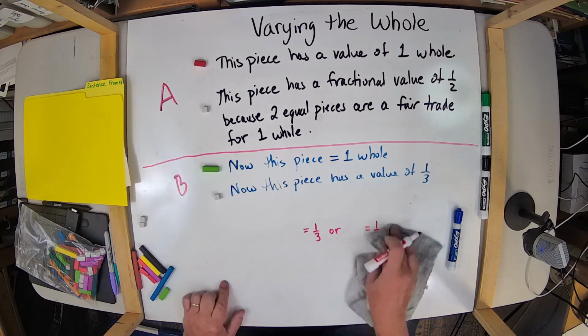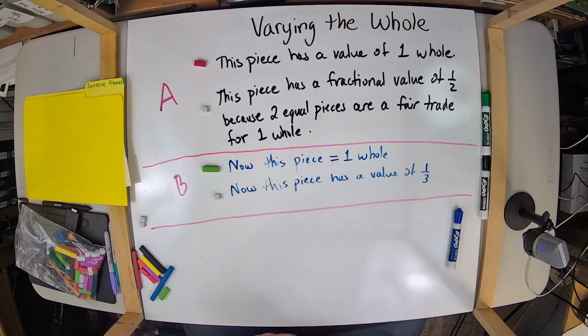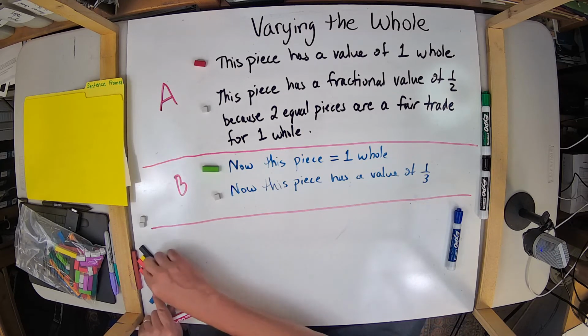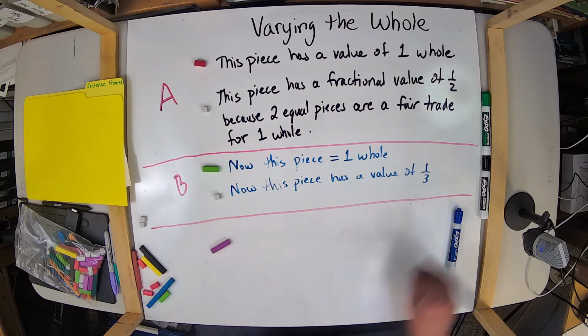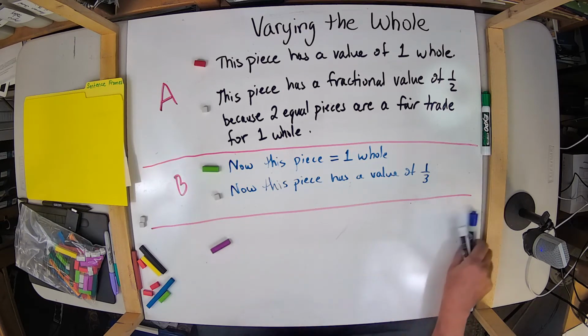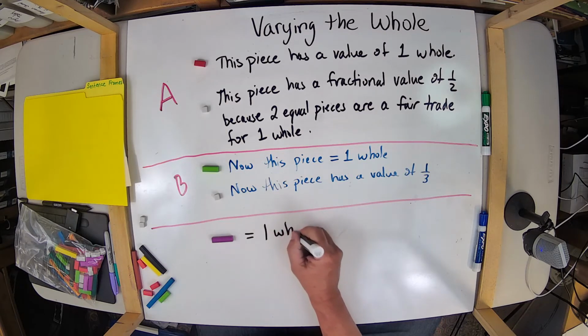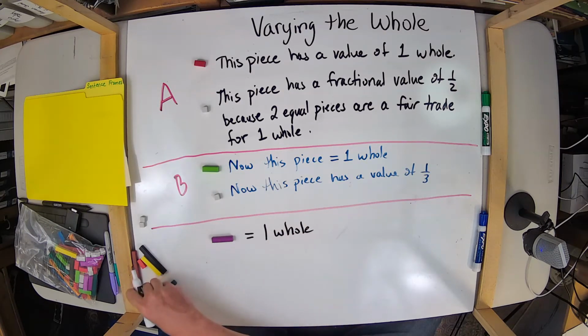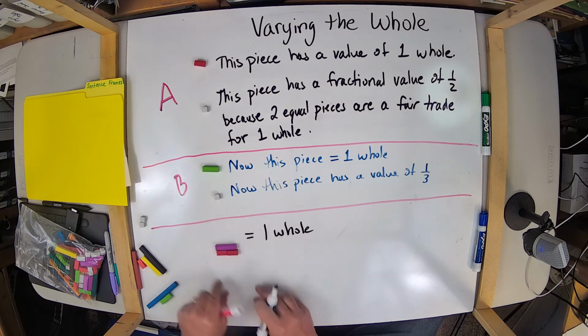Something that's even more challenging for students is, what if I now say, okay, let's take a look at the purple block, and I'll say the purple block is equal to 1 whole. Then what is the value of the red block? And now remember, I have to compare to the whole.